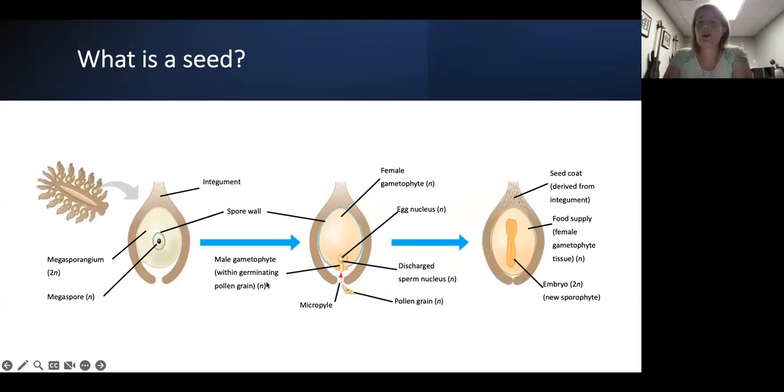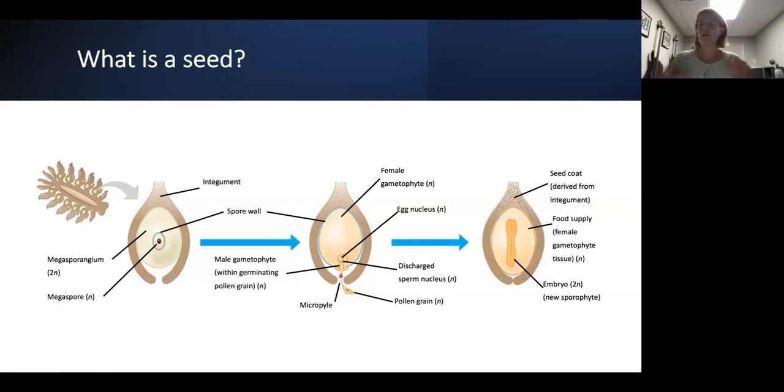So in a seed, you're going to have the embryonic plant, and then you're going to have a food supply. That food supply is there because when the seed germinates, it needs something to fuel that growth until it can start to photosynthesize. And then they're going to have a seed coat, and this is going to cover it so that nothing can get in to get to the seed.